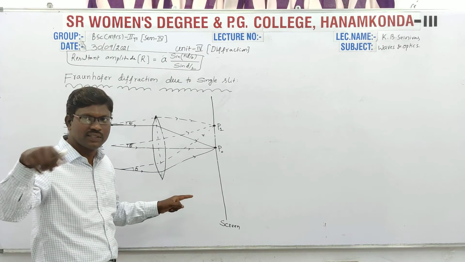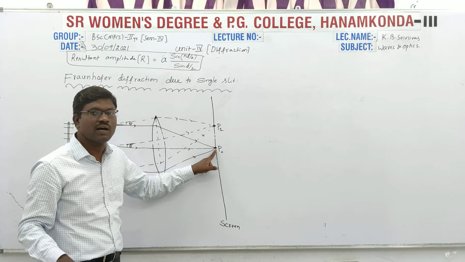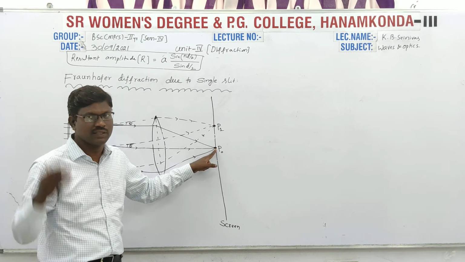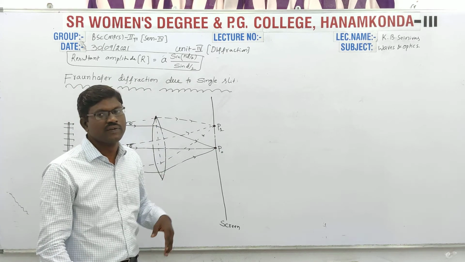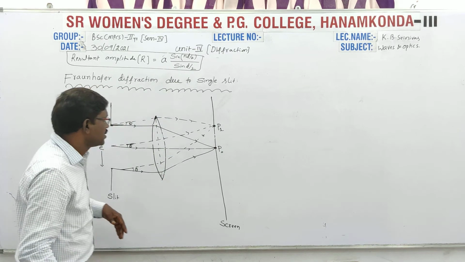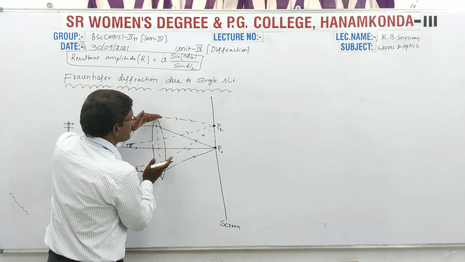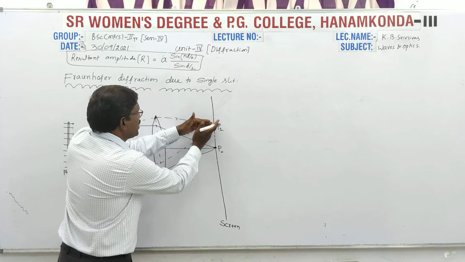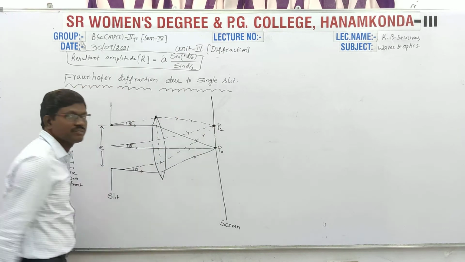If the path difference is 0, the corresponding fringe formed by those rays is always bright. Already we have discussed this concept in the interference chapter. So our aim is to calculate what image is formed at P1, the intensity of light at P1.